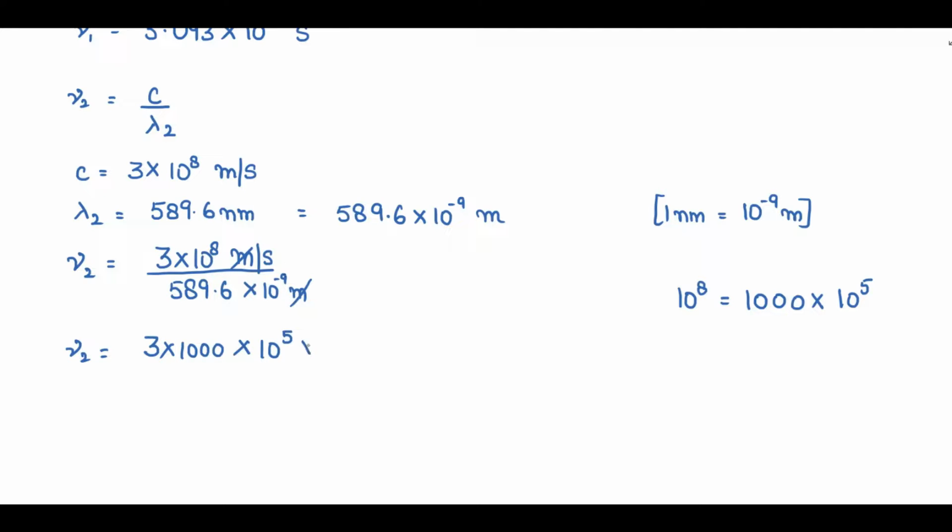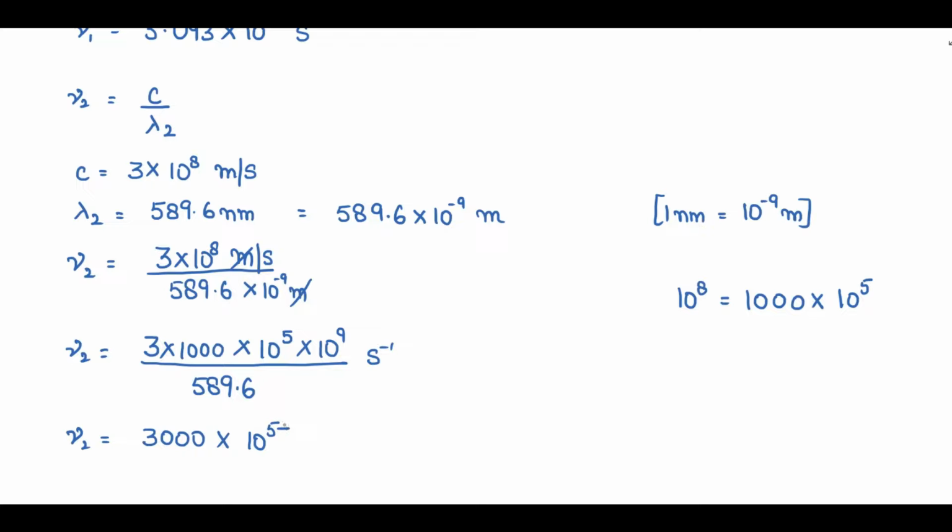This 10 raised to power minus 9 can be written as 10 raised to power 9 when I'll take it in numerator, divided by 589.6 units second inverse, right? So 3 into 1000, it will be 3000. These two powers are in multiplication, so again you can add them.